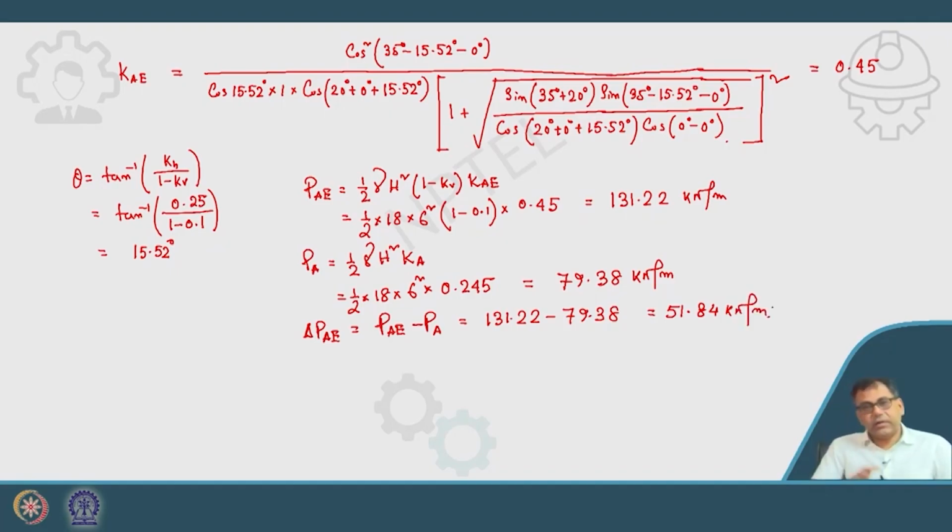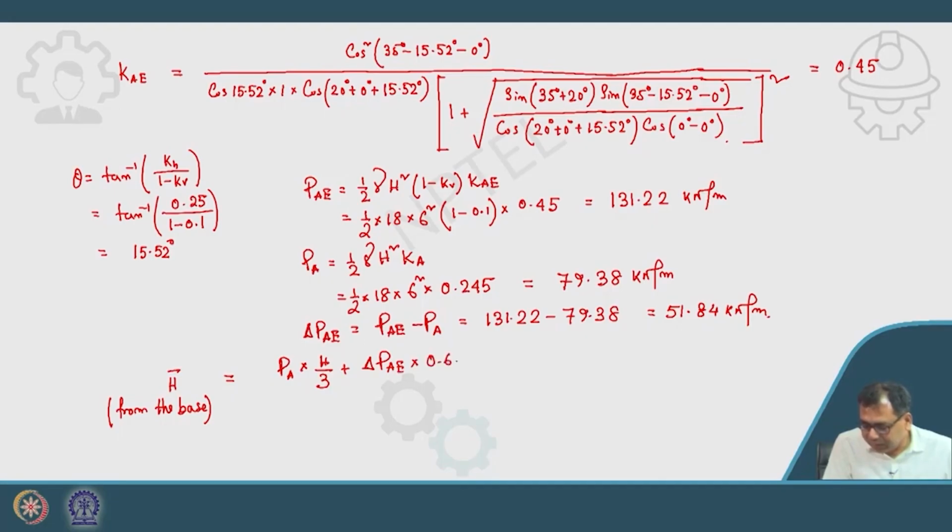So now I have calculated the total force, including seismic plus static. Then separately I have also calculated the static force and the seismic component of this active force. Now I have to calculate the point of application. So H bar, that is from the base, is PA into H by 3 plus del PAE into 0.6 H divided by PAE.